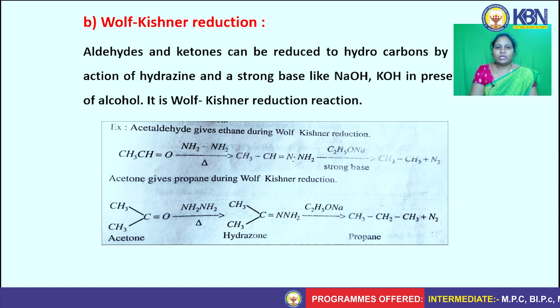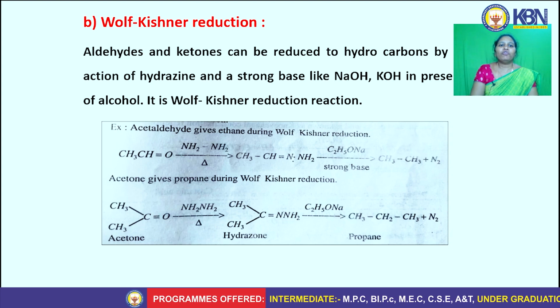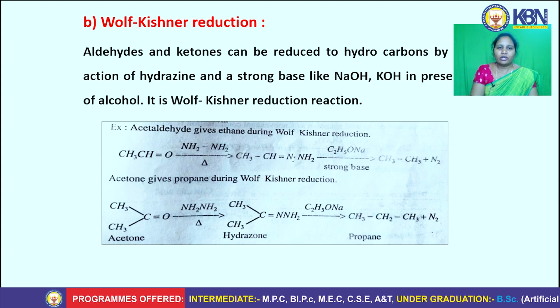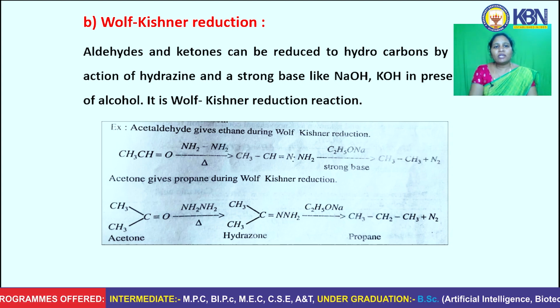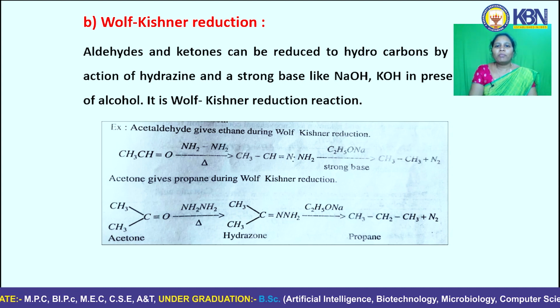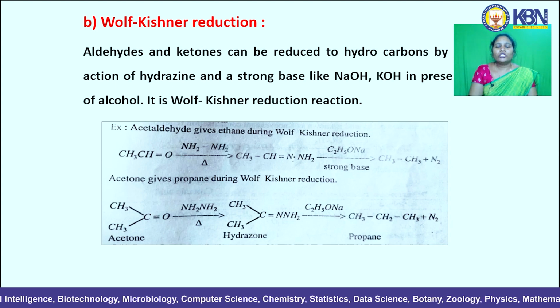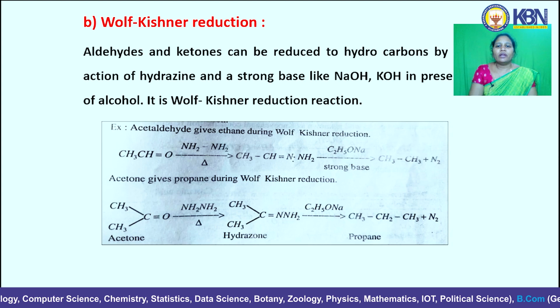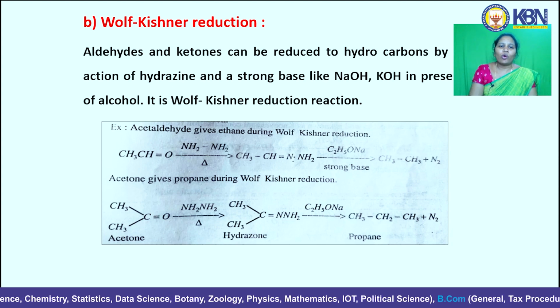The basic difference between Wolff-Kishner and Clemmensen reduction is that in Clemmensen reduction the reducing agents are zinc amalgam and hydrochloric acid, whereas in Wolff-Kishner reduction the reducing agents are hydrazine and strong bases like sodium hydroxide and potassium hydroxide in presence of alcohol.